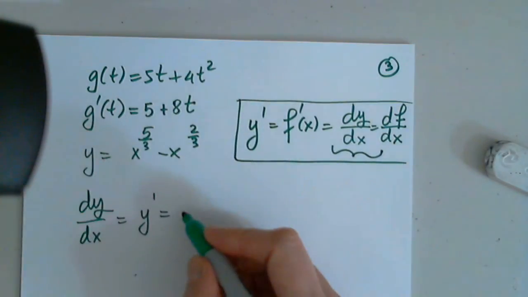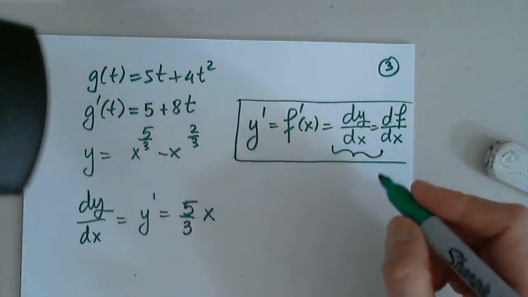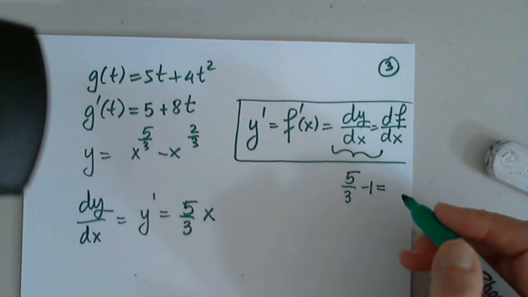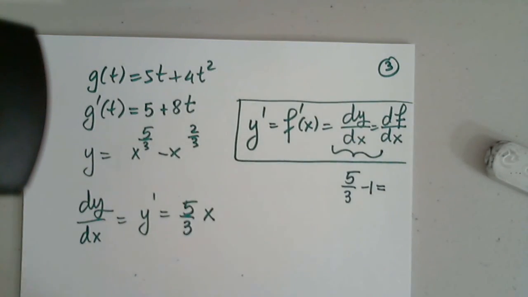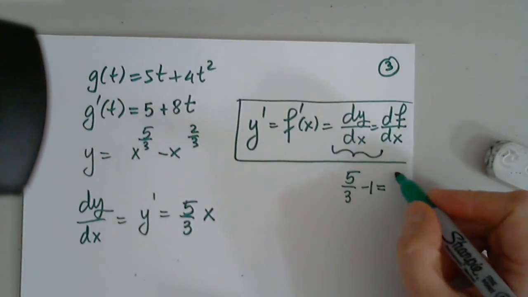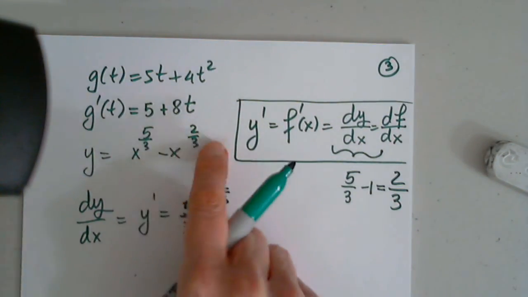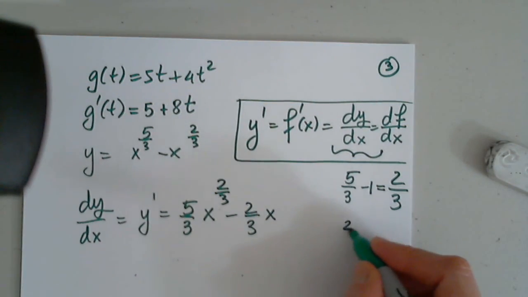I have to bring down the power and subtract 1 from the power. On the side, if you want, 5/3 minus 1. Can anyone give us the answer? 2/3. Yes, 2/3, awesome. So this is power 2/3. This is a minus. I bring down 2/3. And I have to subtract 1 from 2/3.